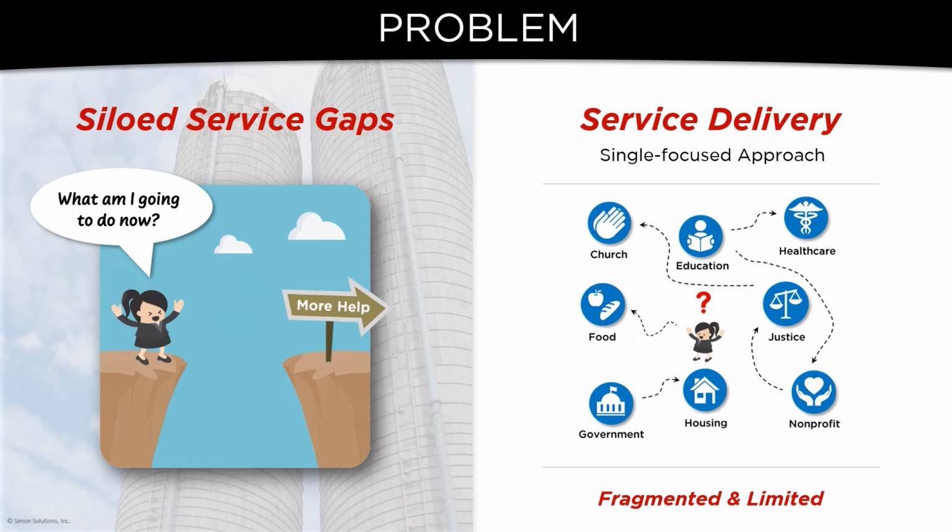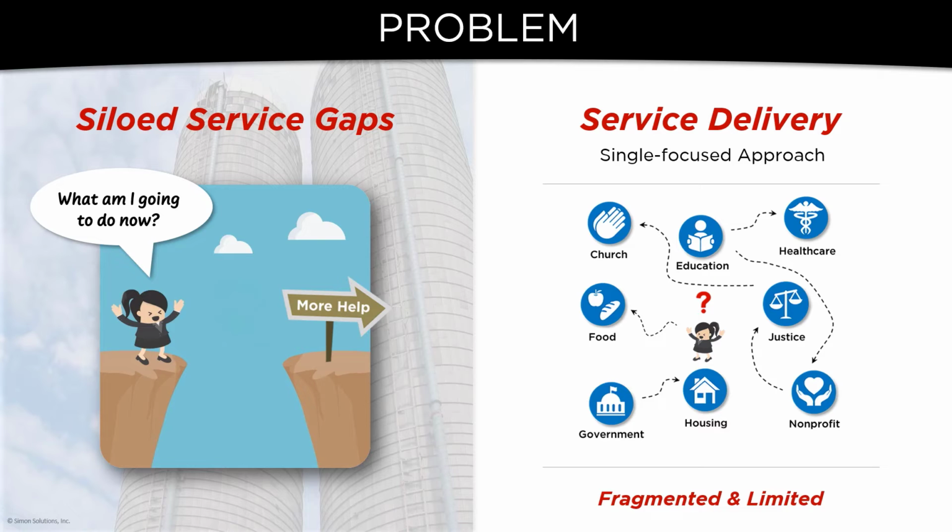These limitations force many agencies to adopt a single focused approach to helping others. Some agencies will specialize in emergency relief, food, clothing, and shelter. Others will specialize in medical services, education, or training. The problem with these specialties is that it can be challenging for people with limited transportation or knowledge about those who can help.